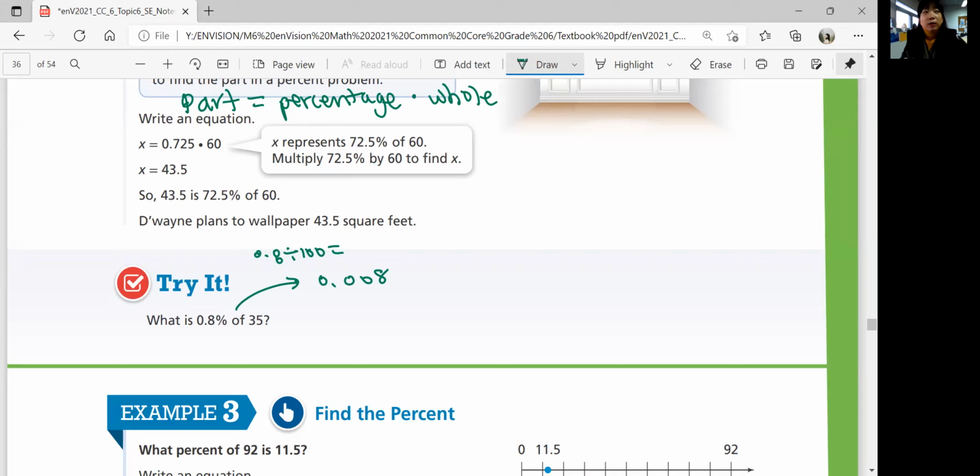All right, 0.008 times 35 will give you the part. So multiply that, you will get 0.28. Right?